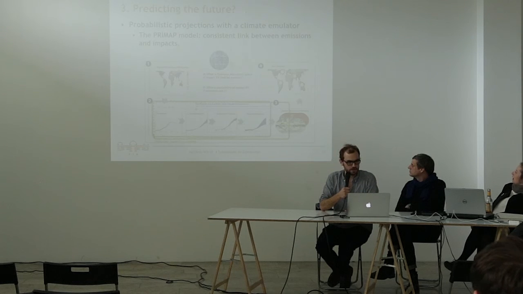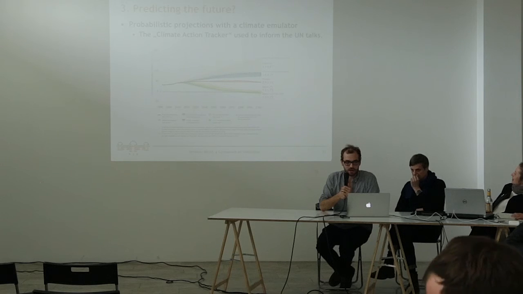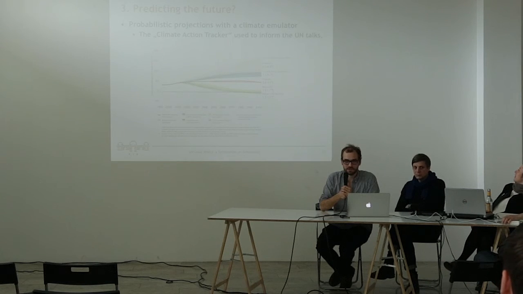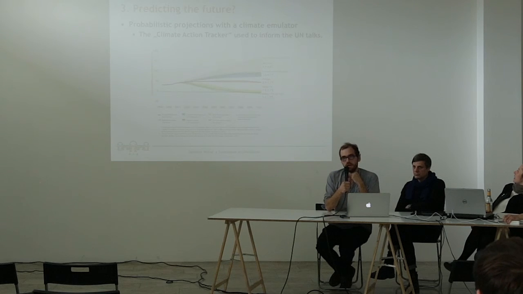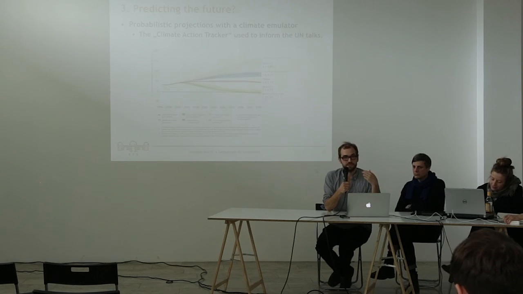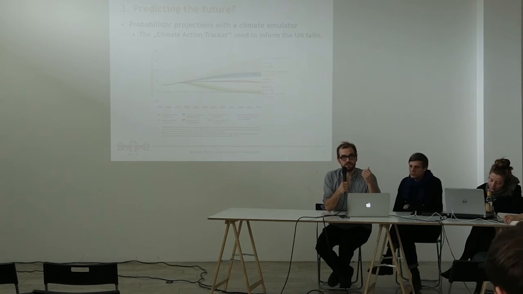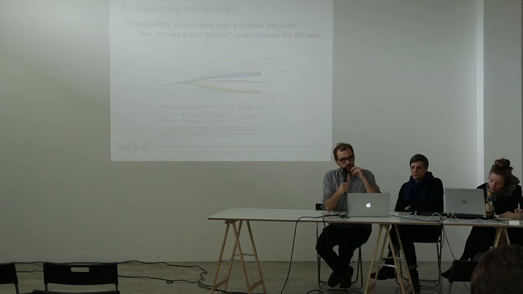Okay, then I'll stop. I want to talk about an example of how science can inform and influence politics: the Climate Action Tracker. These people look at the pledges made by the countries, how much they will emit, how much they promise to reduce their emissions, and compare them to the 2-degree target.